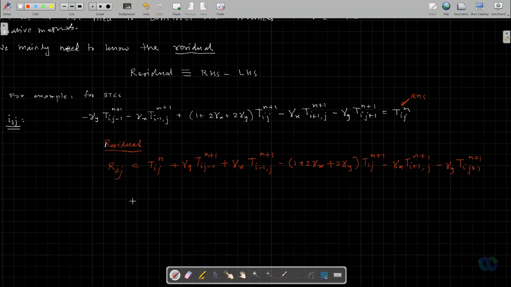Central coefficient is also called the coefficient of the diagonal element.